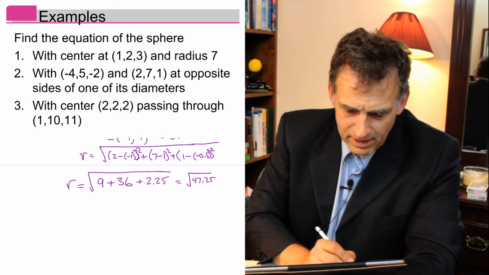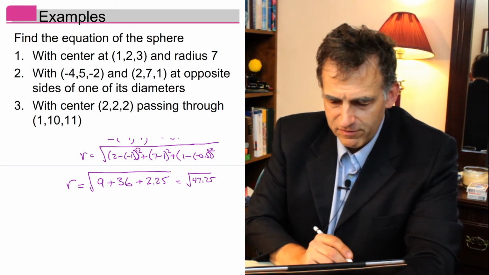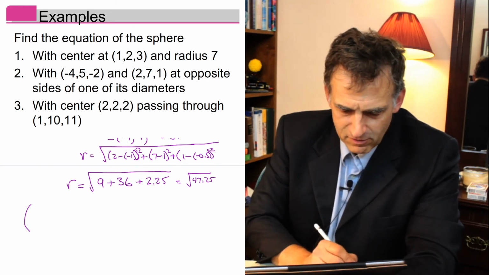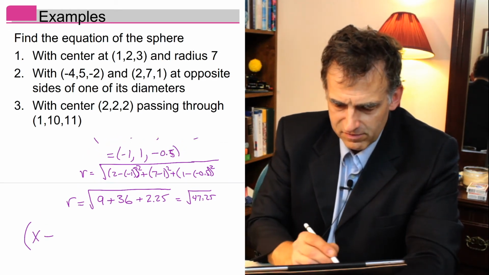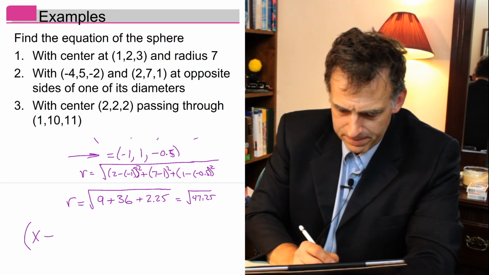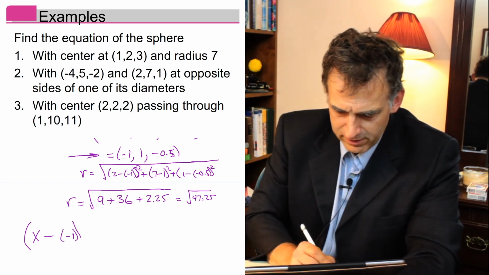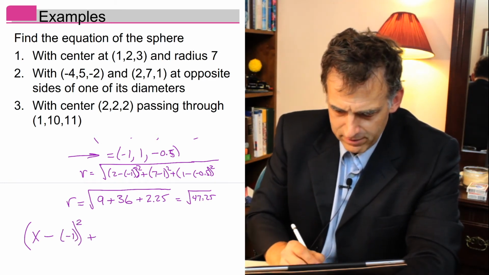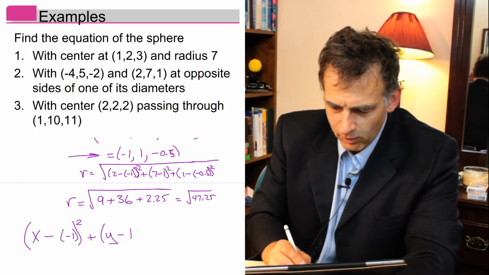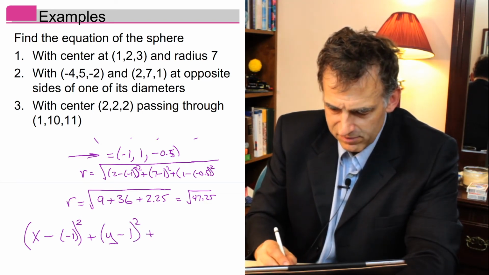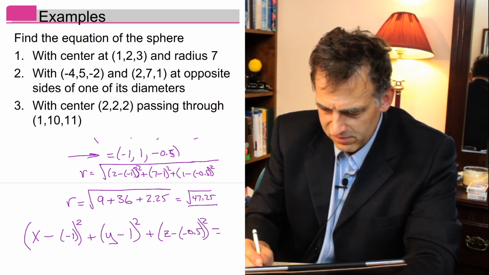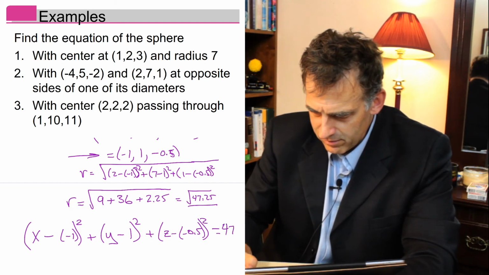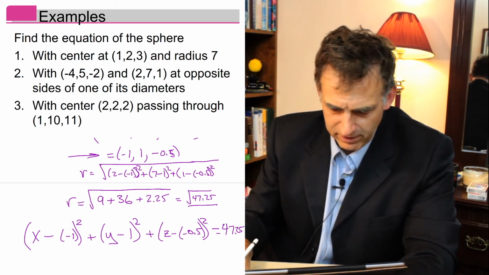Almost done. Now we just have to write down the equation of the sphere. The equation is going to be x minus the x value of the center, where the center is right here. So (x minus -1) squared plus (y minus 1) squared plus (z minus -0.5) squared is equal to this thing squared, which I can just write like that.